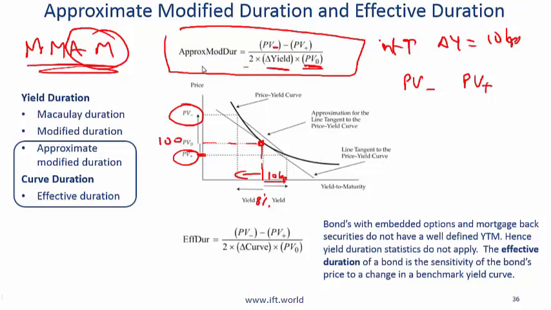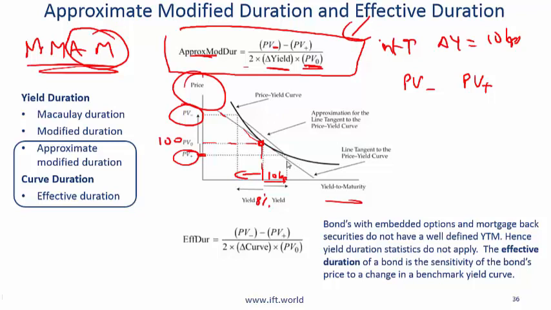The interpretation of approximate modified duration is that it is the slope of the tangent to this price yield curve at a particular point in time. And you can see that the tangent is obviously telling you about the sensitivity of changes in price to changes in YTM. But the key takeaway is that you must know this formula, and you must know that it is the slope of the tangent.